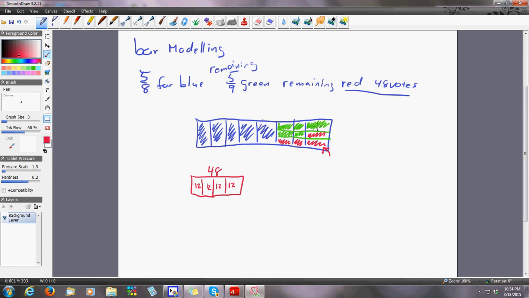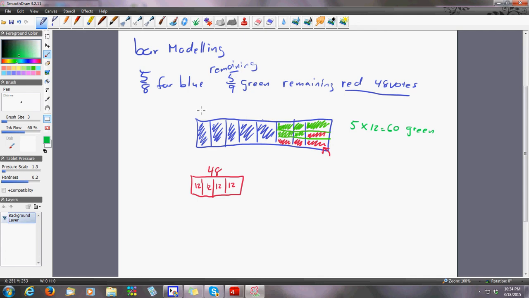So that means I have how many green? I have 1, 2, 3, 4, 5. I have 5 times 12 equals 60 green, right? 60 votes for the green. Now, I can't do that with these big boxes, but because I know that each one of these smaller ones is worth 12, 3 of them would be 36.